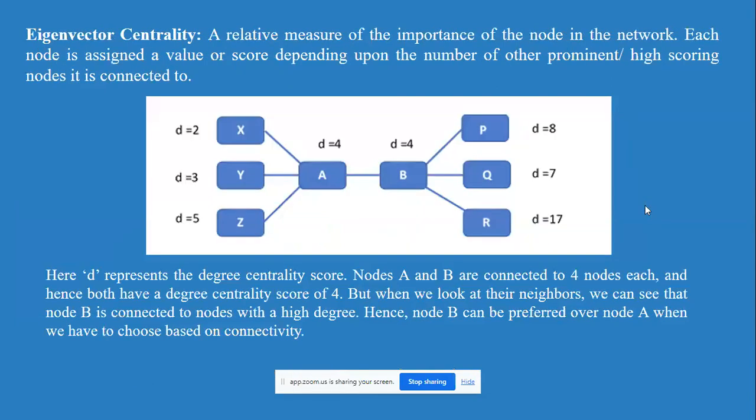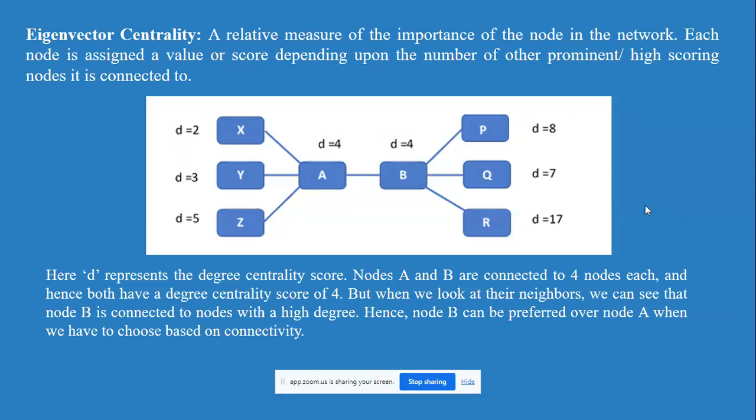Next is eigenvector. Eigenvector is a relative measure to calculate the importance of a node in a network, right? So each node is assigned a value or score depending upon the number of high scoring nodes it is connected to. Let's see in this example, there is one snapshot of a network, starting from X, Y, Z nodes.